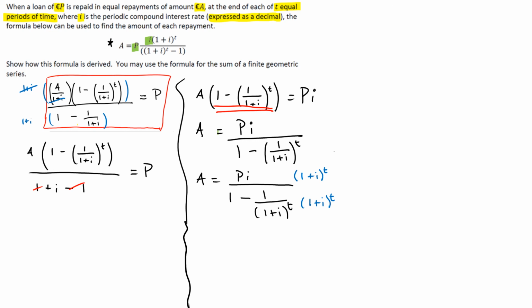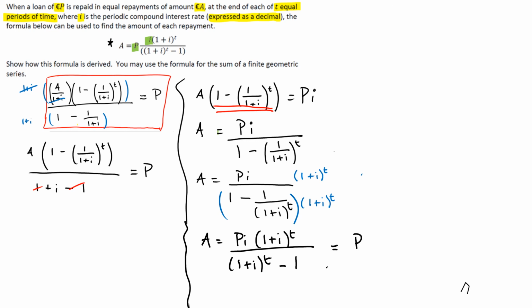We have a equals P i times 1 plus i to the power of t, and here this whole bottom line is going to be multiplied by 1 plus i to the power of t, which gives us 1 times 1 plus i to the power of t, and when I multiply the fraction by it, the fraction effectively disappears. And we now have exactly what they wanted us to have. I'm going to just restructure it slightly: 1 plus i to the power of t, all over 1 plus i to the power of t minus 1.